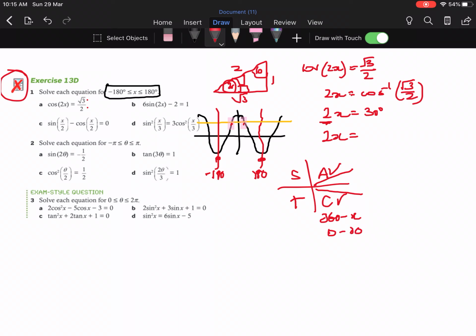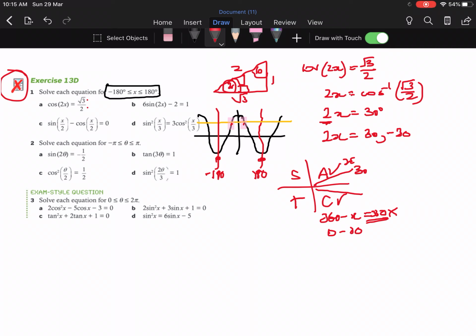And here is just going to be x, so therefore that's just going to be 30. Now 360 minus 30 is going to be 330. But we don't need that because it's outside the range. We just need the positive one, 30, and the negative one, 30. Okay.